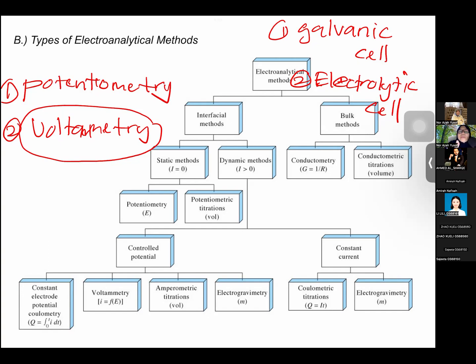So that is what we call electrolysis, an electrolytic cell. You need to provide the current or the voltage to the system in order for the chemical reaction to happen. In this case, the chemical reaction is the splitting of water into hydrogen and oxygen.